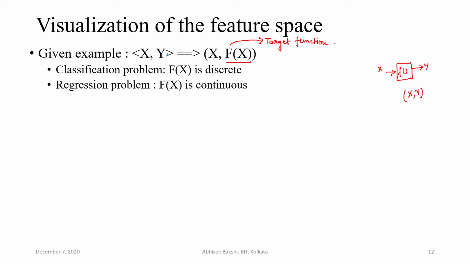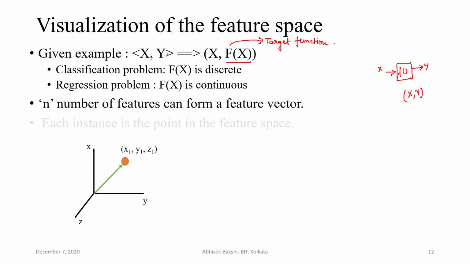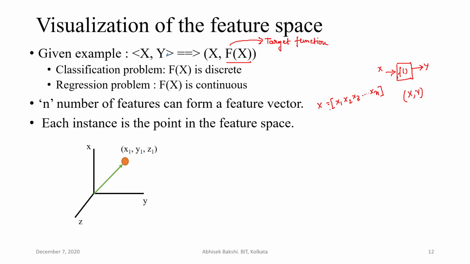That's all. So suppose that we have n number of features that can form a feature vector. For example, it means that this x is made up of x1, x2, x3, xn. In this way, I have multiple x's for multiple examples in the data.